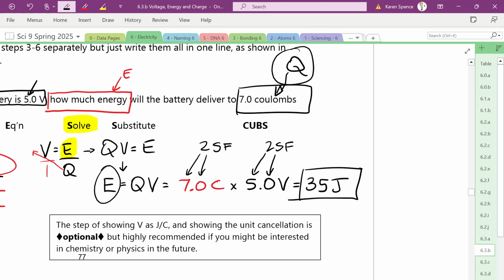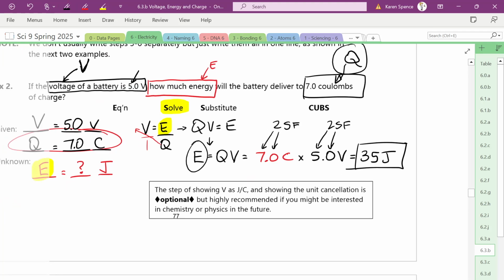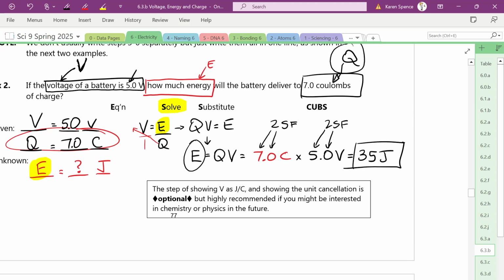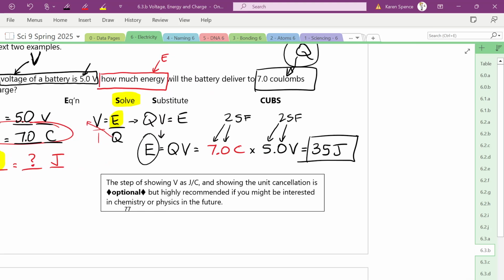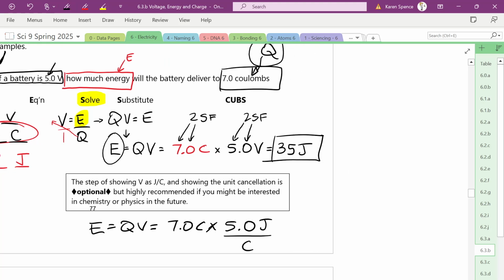Now, if you want the extra enriched stuff, instead of writing, we could have E equals QV, and we would still have 7.0 coulombs, but instead of writing volts, what could we write instead of volts? We could write 5.0 joules per coulomb.